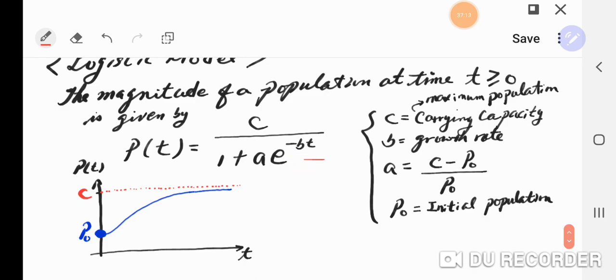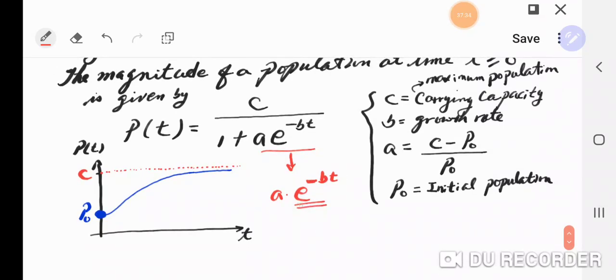So once t gets to infinity, A is a number and negative B is a constant. T is the number of years. Basically the exponent is negative, so the result of this will be the graph. This is a decay function.